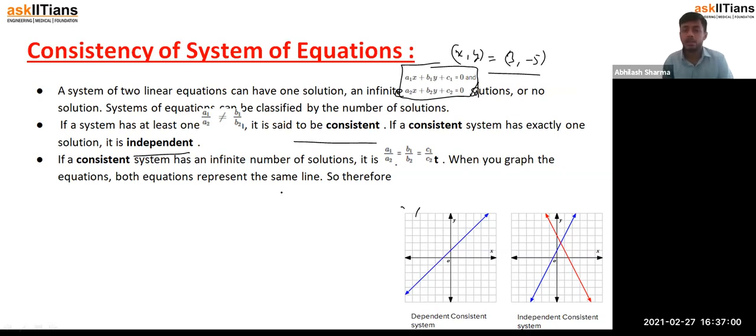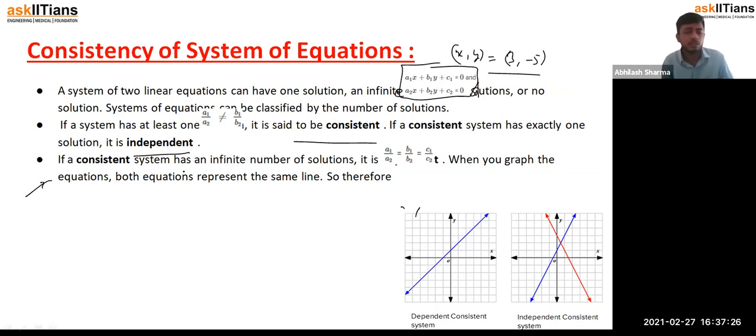But it will be called dependent if it has not exactly one but infinitely many solutions. The reason it is dependent is because the second equation is dependent on the first equation itself. This we'll see later. Right now you might not be able to understand, so let us read the third point here.